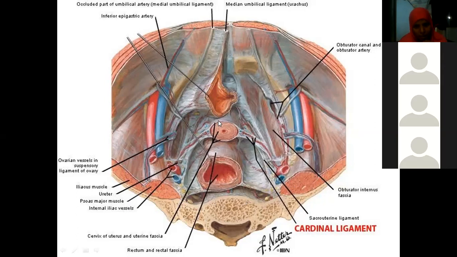Now, what are these three visceral organs? What is this organ? Rectum. Then what is this? The urinary bladder, excellent.